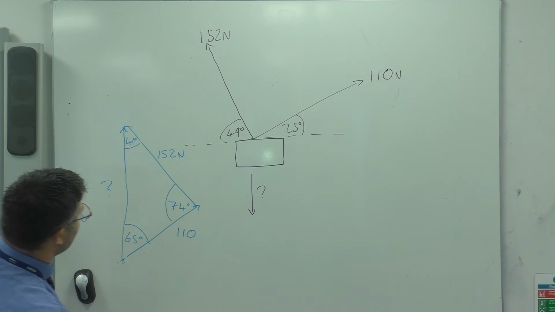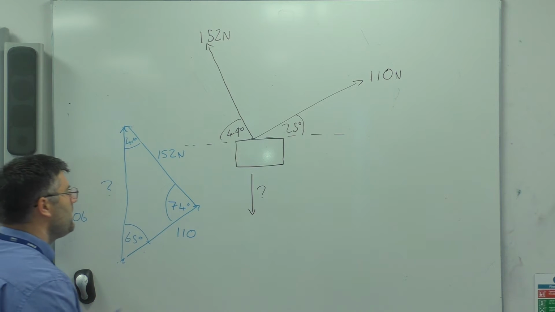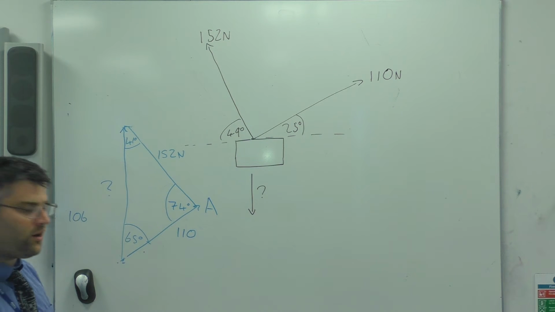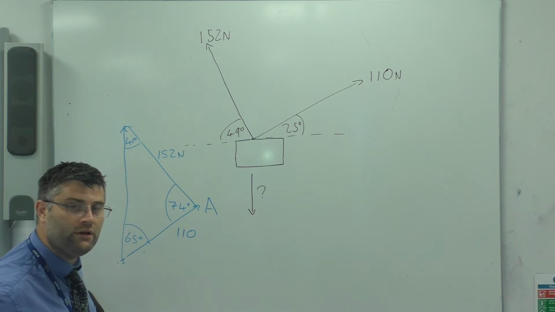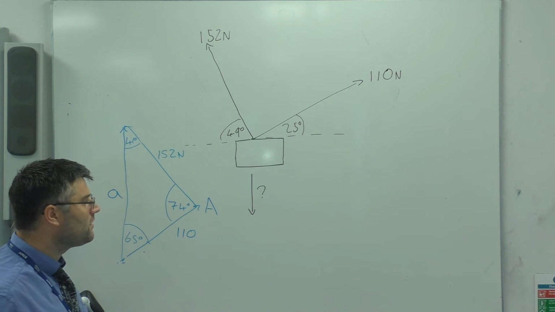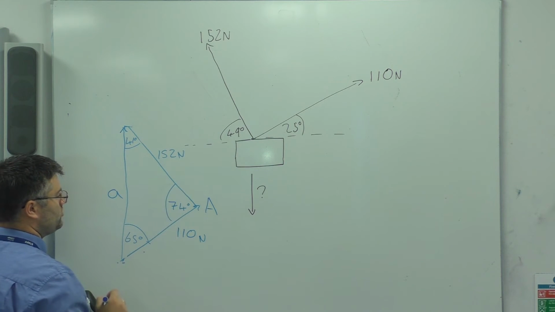What we're looking at here is a situation where we've got an angle, and we're going to call this angle A. Those of you who are really hot on your trigonometry, sine and cosine rule, will probably know where I'm going with this. That side is A, and we can give these sides letters should we wish.